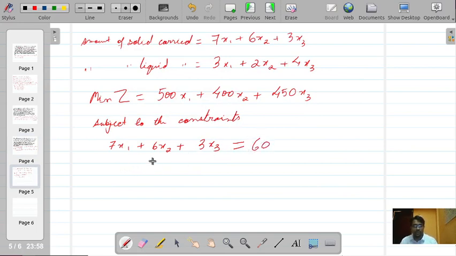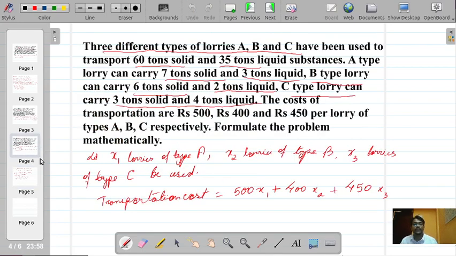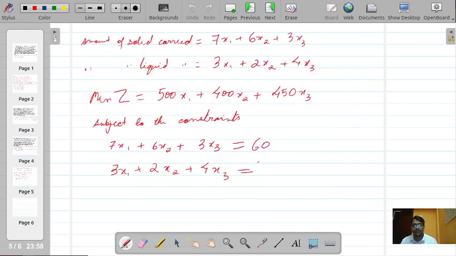The total amount of solid transported has to be exactly 60 tons, and 3x1 plus 2x2 plus 4x3 is also exactly equal to 35 tons, and x1, x2, x3 are greater than or equal to 0.